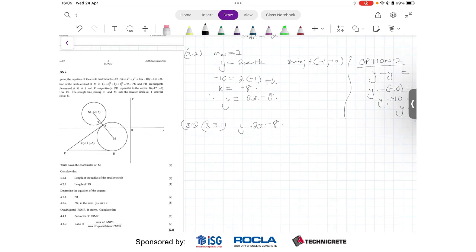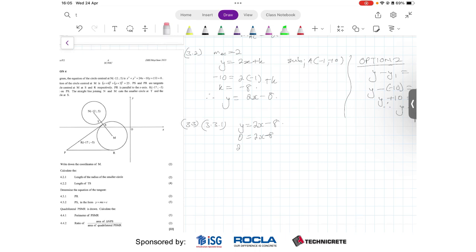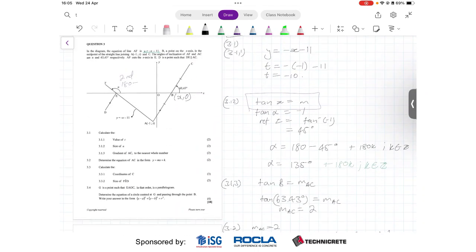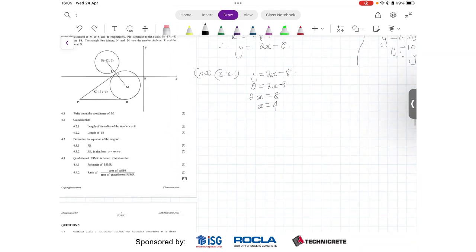So in order to find the x-intercept, we sub in y equals 0, which tells us that 2x is equal to 8 and x is equal to 4, which makes sense because the point B is on the positive side of our x-axis.